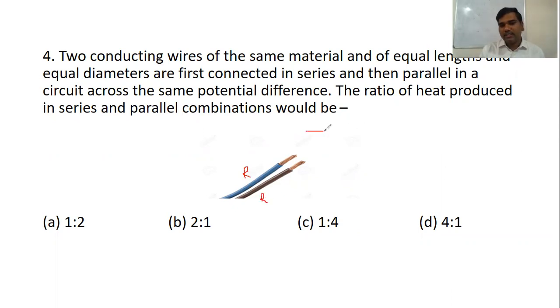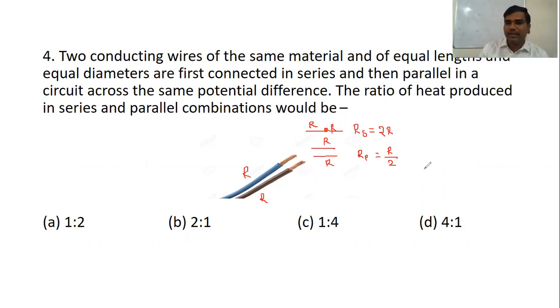When we connect in series, it is R plus R, 2R. When we connect in parallel, the resistance is R by 2. We have already used the formula R1 R2 by R1 plus R2 for this.